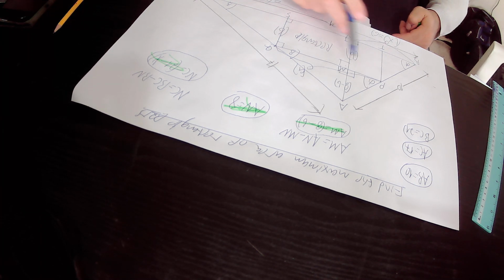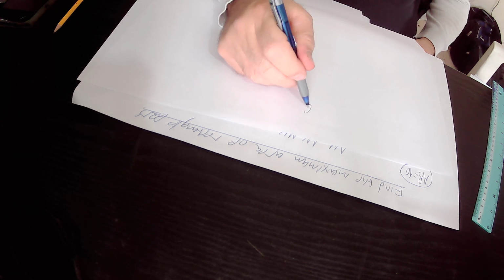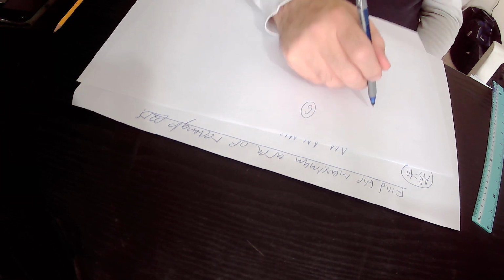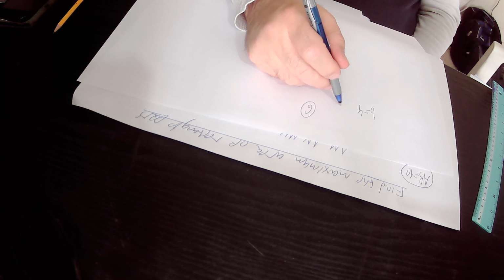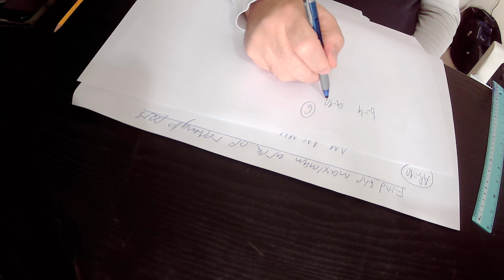By the way, when the width B equals 4, then the length PQ equals 10.5. So when B equals 4, the length A equals 10.5.